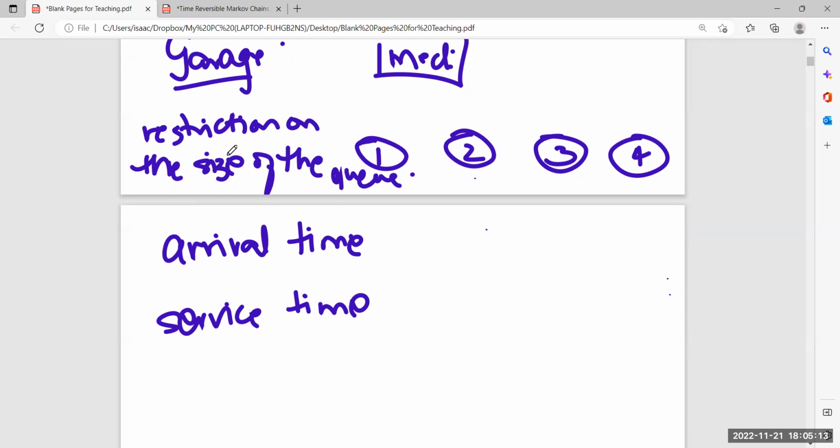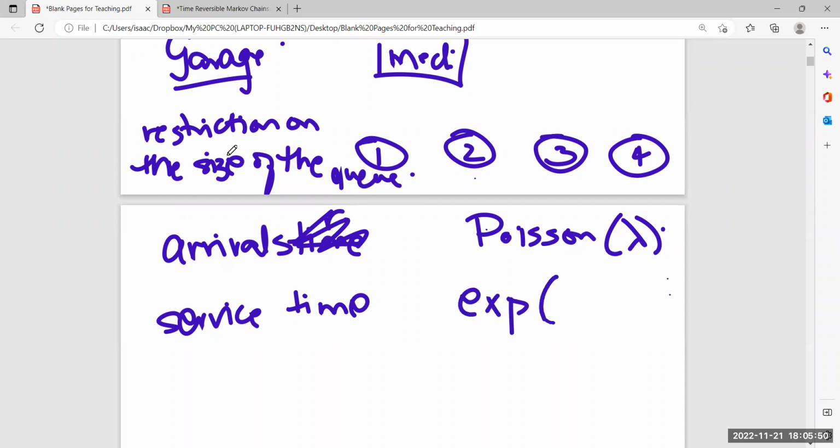The arrivals we'll think of as following some distribution, and the distribution that we normally use is the Poisson distribution, with parameter lambda, right? And the service time, the amount of time that you spend in front of a server, is normally an exponential distribution with parameter mu, right?